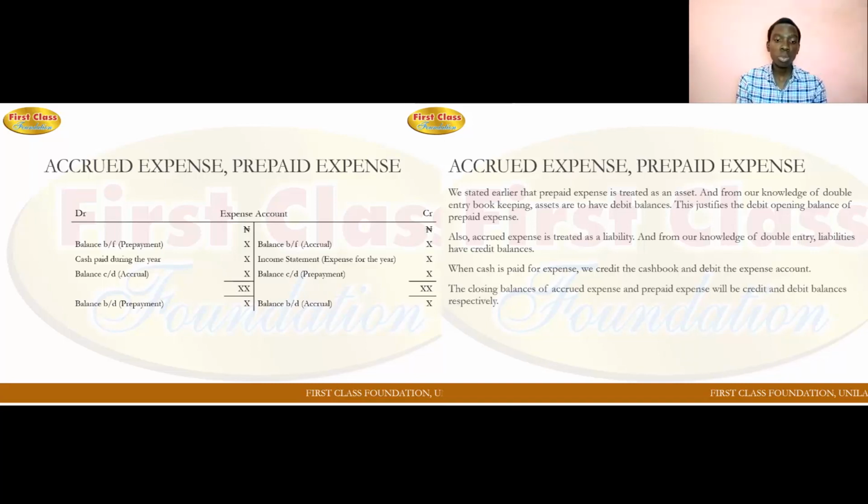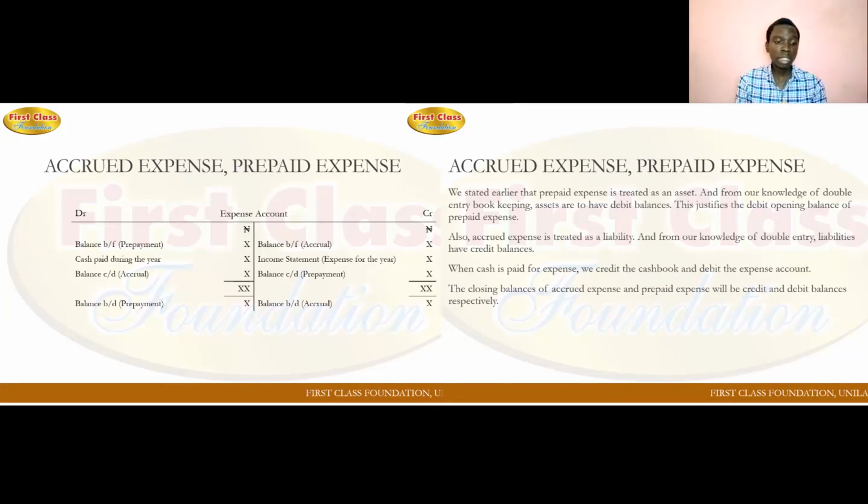Now for a moment, we would assume the posting to the income statement is not there. In a standard question, you will be given the opening and closing balances of accruals or prepayments, or both, and then you have to calculate the amounts to be charged to the income statement. That's the reason why we are opening this account. That's the goal.